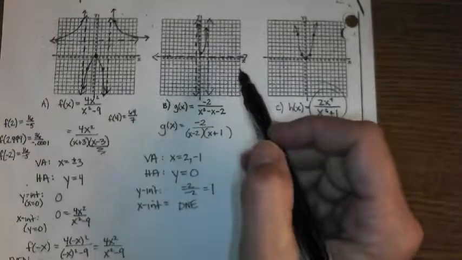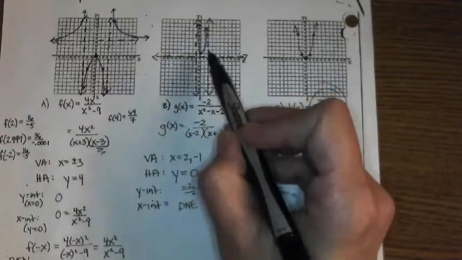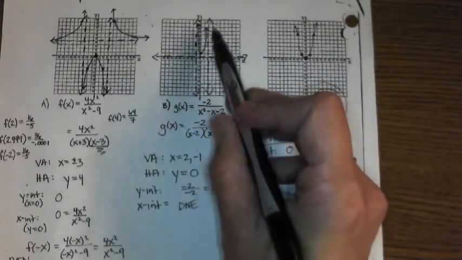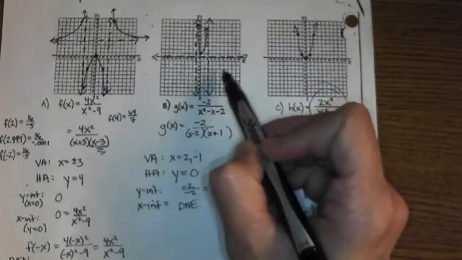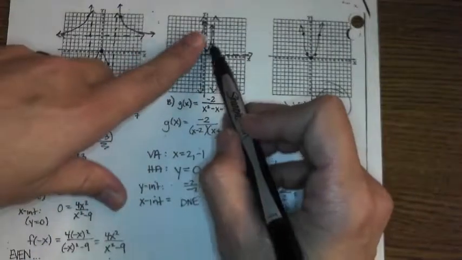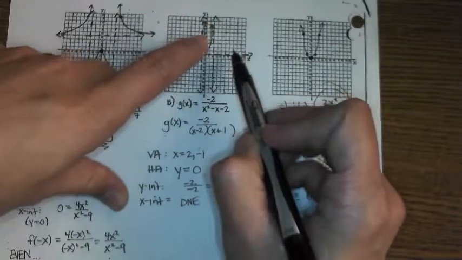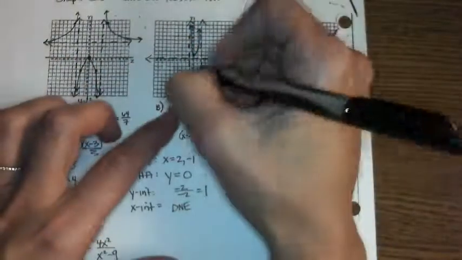And what is the degree of this asymptote? 1. So is it going to go towards positive infinity on this side or negative infinity? Is it going to go in the same direction as this one and both go towards positive infinity? Right. It's going to be opposite because that had a degree of 1.